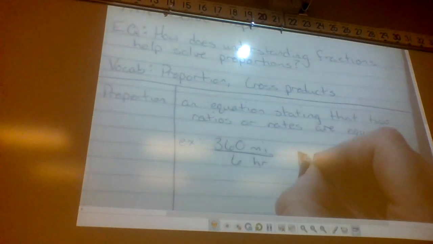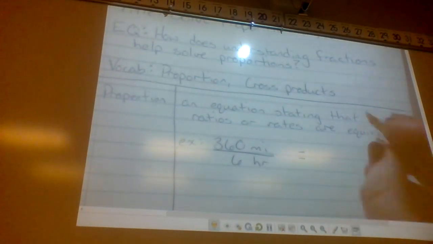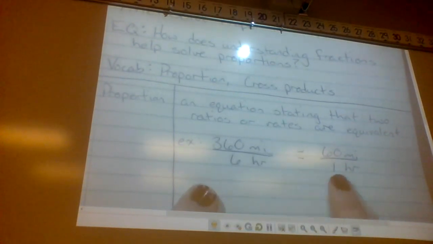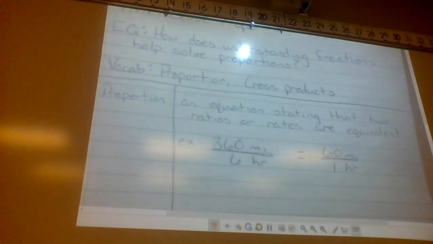And what did you get? 60 miles over 1 hour, right? This right here is a proportion. Does 360 miles over 6 hours mean the same as 60 miles for 1 hour? Are they equal? It's a proportion. That's all the proportion says, is that they are equal. Okay? Does that make sense now?